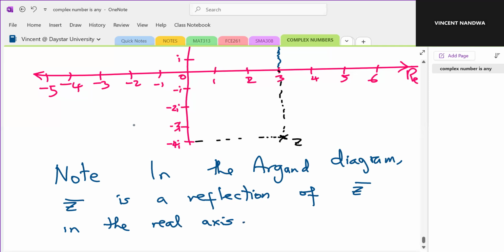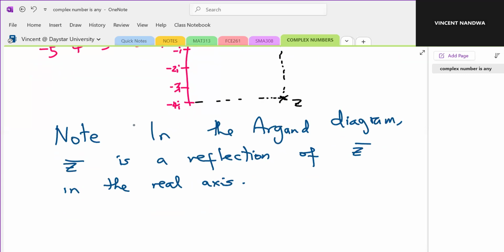So the conjugate of Z is an image through the real axis on the Argand diagram.